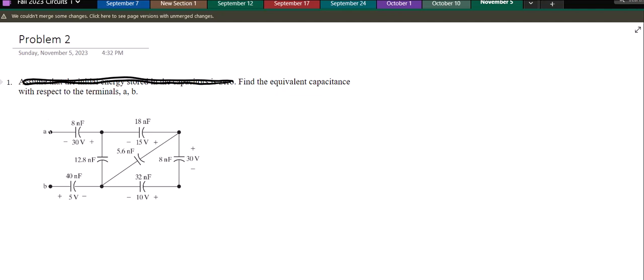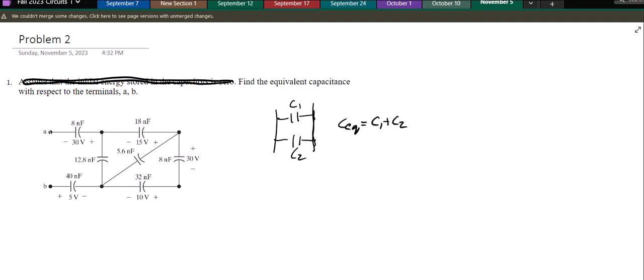Now, the way you add capacitors is kind of the opposite from resistors and inductors. So if I have two capacitors in parallel, C1 and C2, then the equivalent capacitance of those is C1 plus C2.